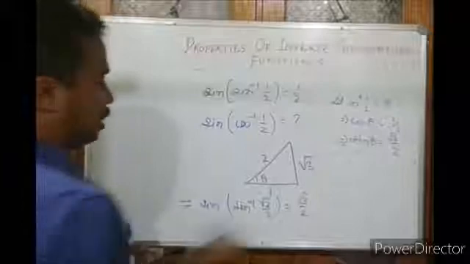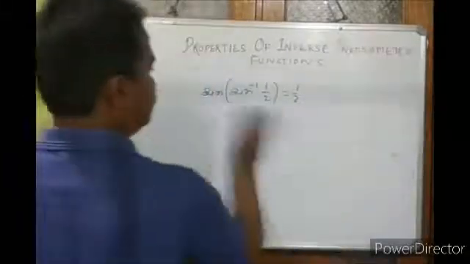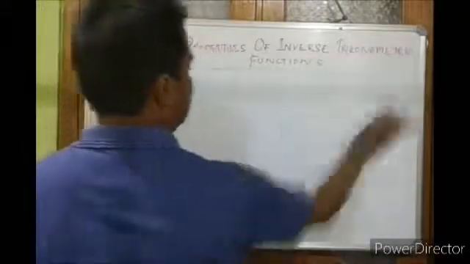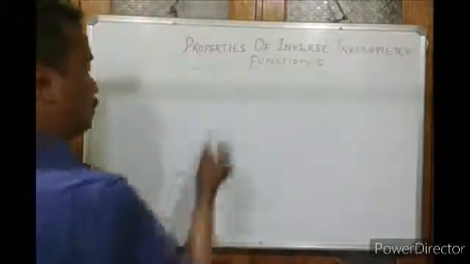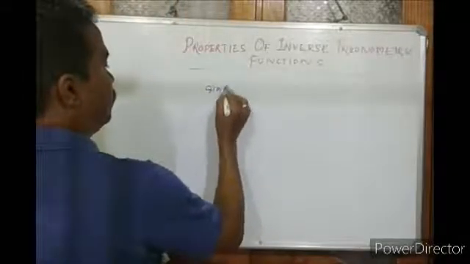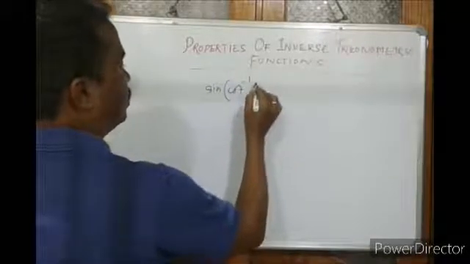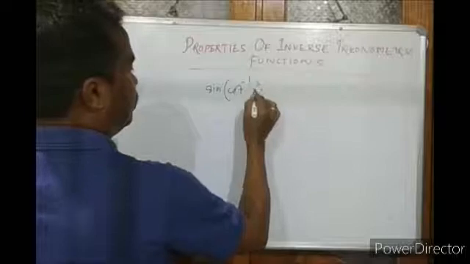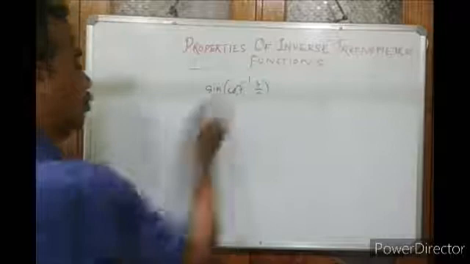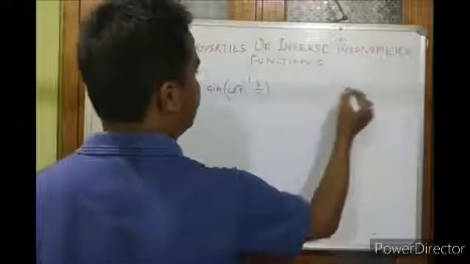Let us try another one: sine of cot inverse 3 by 4. We can draw a triangle here.